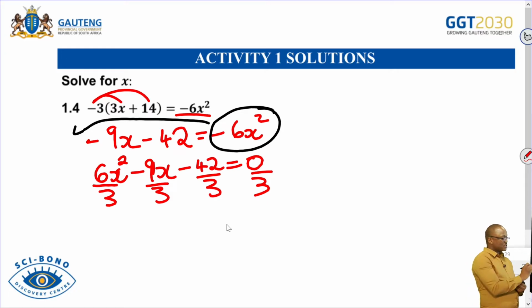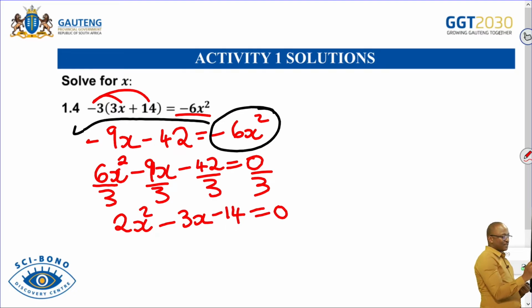So 3 goes into 6 2 times, 3 goes into 9 3 times, then 3 goes into 42 14 times, then it's equal to 0. Remember, the sign doesn't change. The sign will only change when you're dividing with a negative. So now we have our standard form as 2x squared minus 3x minus 14 is equal to 0.